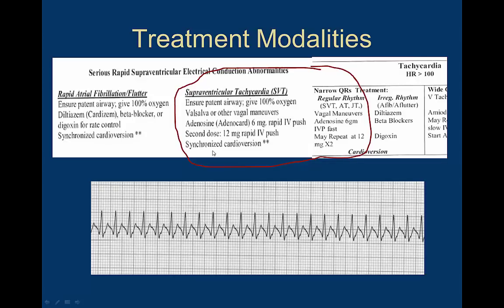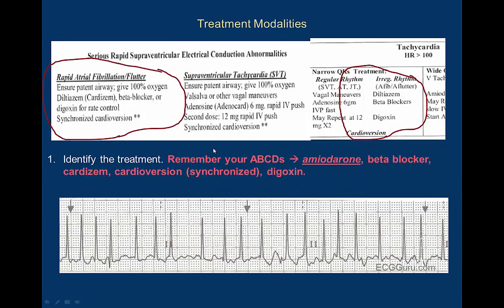Let's say the patient is hemodynamically unstable with altered mental status, but they do have a pulse. The treatment for supraventricular tachycardia can then be synchronized cardioversion. Here's your treatment for SVT: Valsalva, adenosine, synchronized cardioversion.